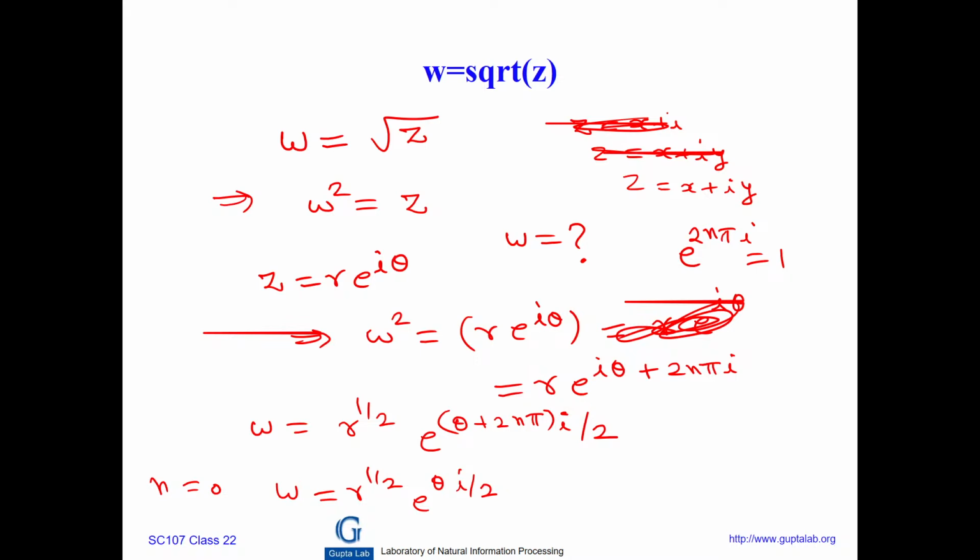What happens if you take n is equal to 1? When n is equal to 1, w is equal to r raised to power half e raised to power i times theta plus 2 pi, divided by 2. So it is e raised to power pi i, right?